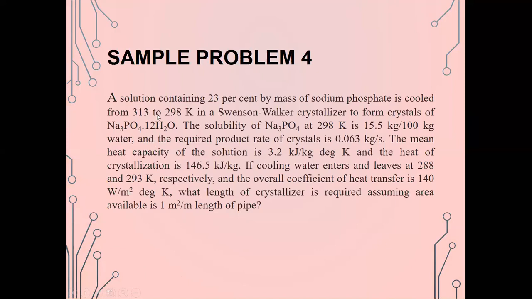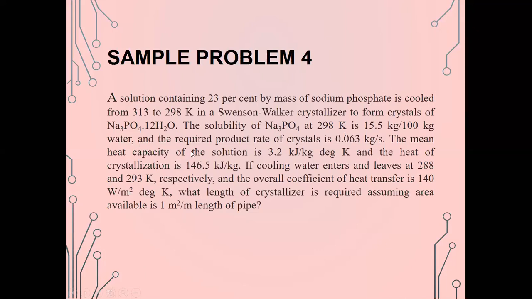This is already hydrated, so I forgot how it is called. The solubility of sodium phosphate at 298 Kelvin is 15.5 kilograms of the solid per 100 kilograms of water.